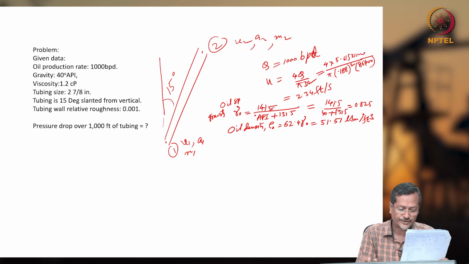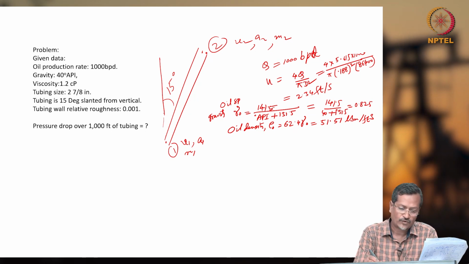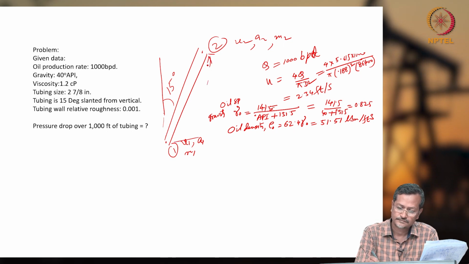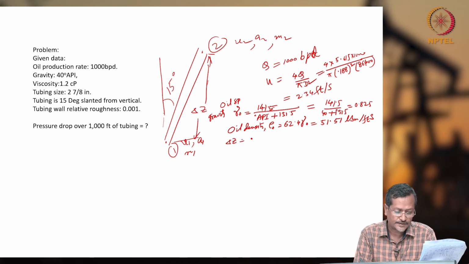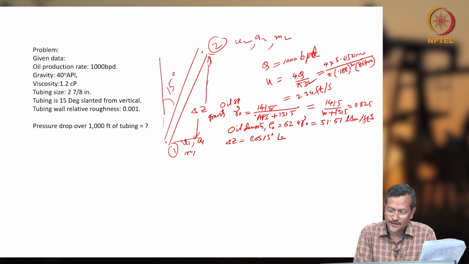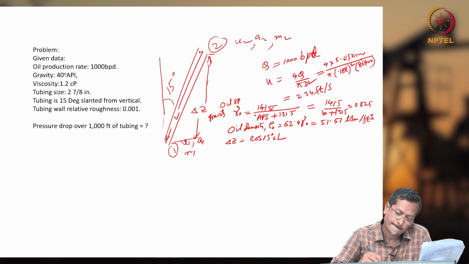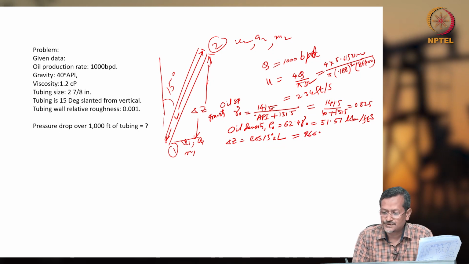And because of elevation, the difference of Z, del Z equals cos 15 degrees times L. L means tubing length. So that will come to 966 feet.